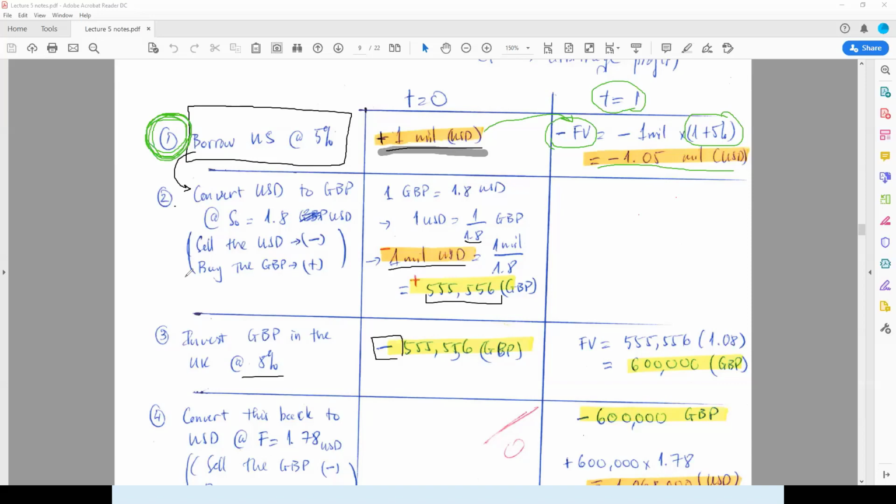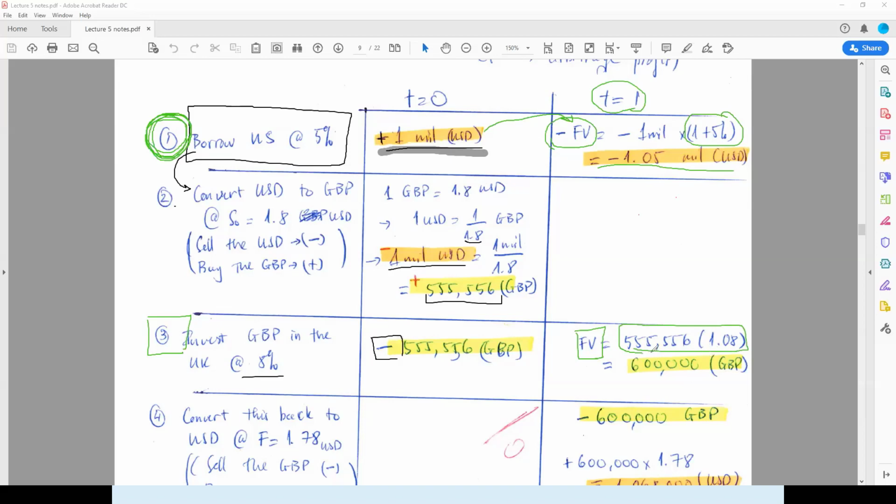On the other side of the globe, let's look at my investment in the UK, okay? So remember at the start, we have invested in the UK government bonds at 8%, okay? So after 1 year, this investment matures and we expect to get the future value of that at the UK investment rate of 8%.